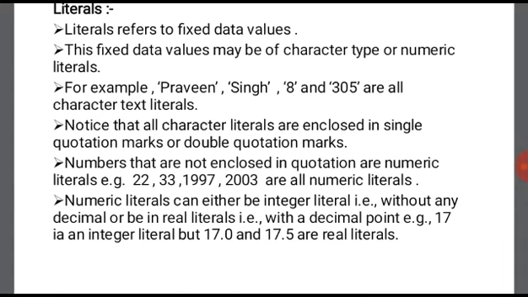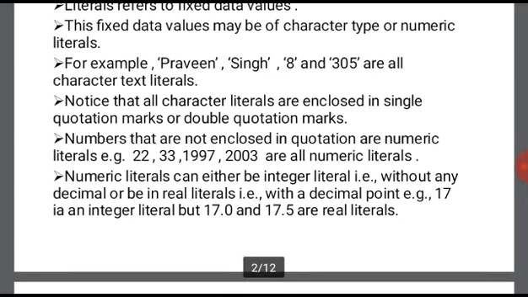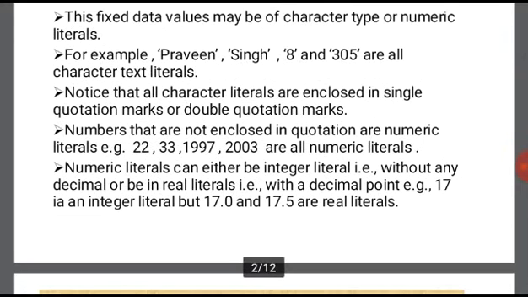It is said to be a string literal. Such as Praveen, written within single quotation marks, is a string literal. Singh is also a string literal. In the same fashion, 8 and 305 written in single or double quotation marks are also string literals, or character type literals.